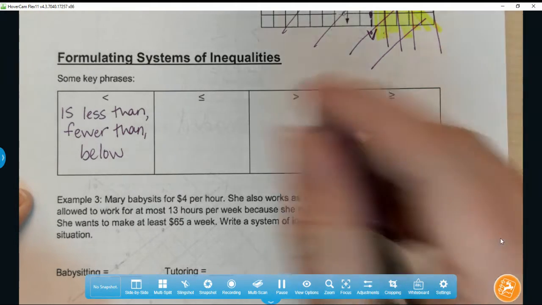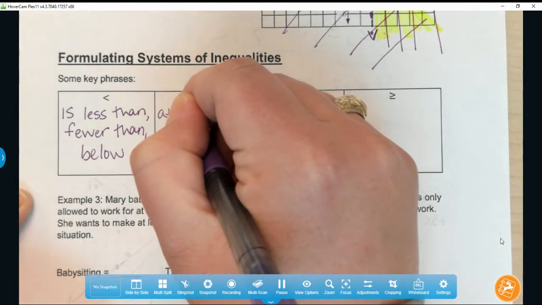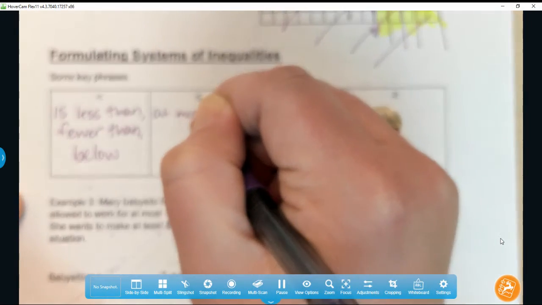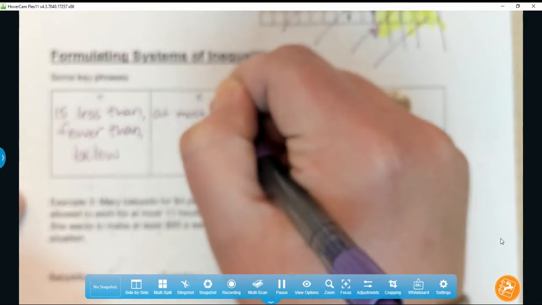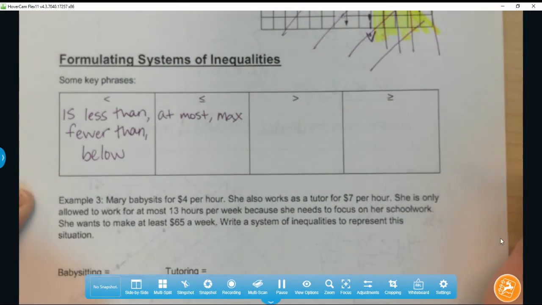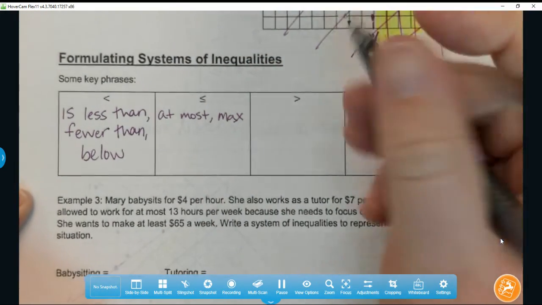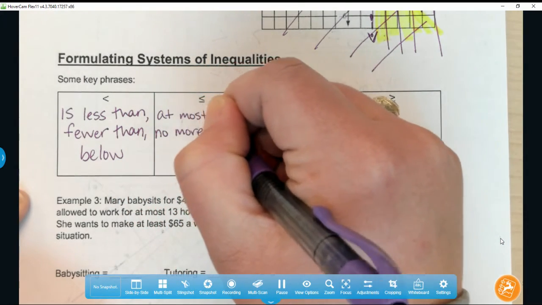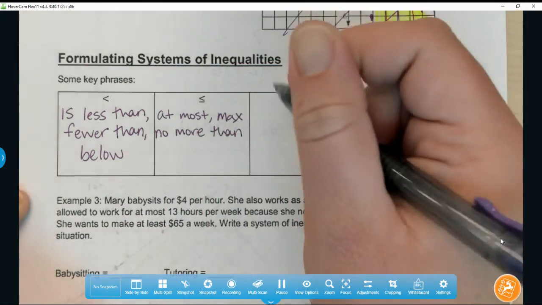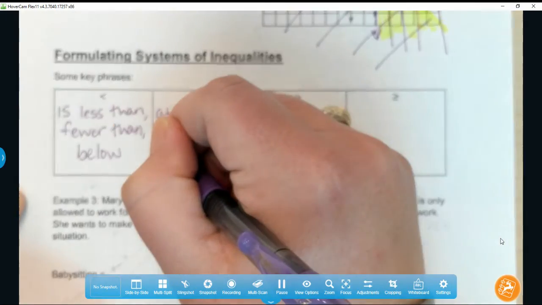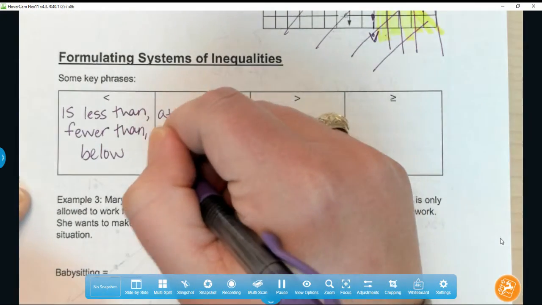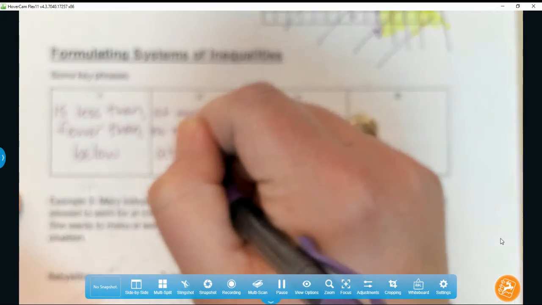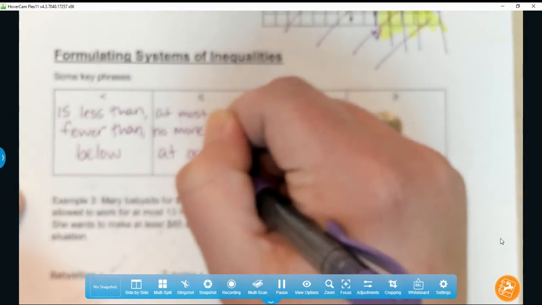Less than or equal to, maybe we see at most. Maybe we see maximum. I'll put max for short. You might see no more than. Another key phrase is at or below.